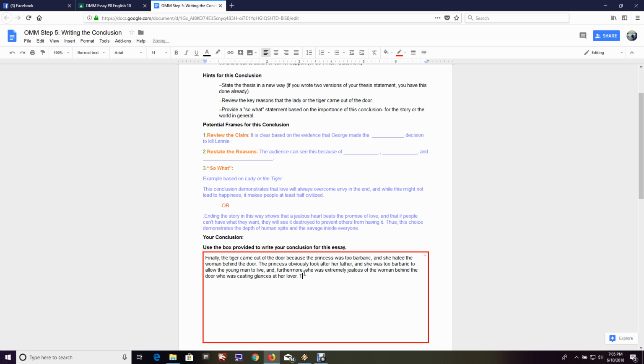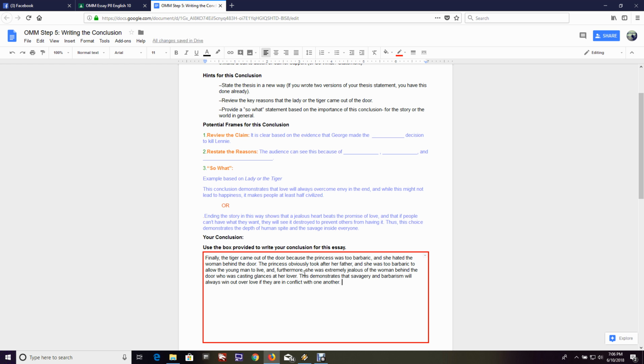So we could say something like, this demonstrates that savagery and barbarism will always win out over love if they are in conflict with one another, something like that, right?